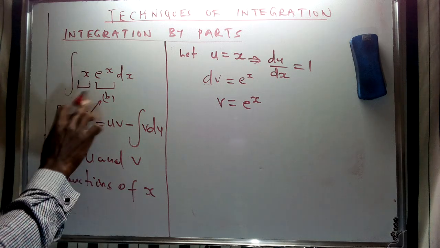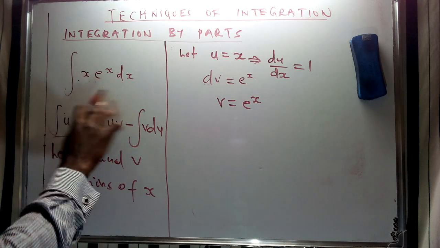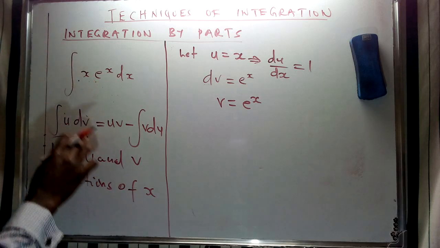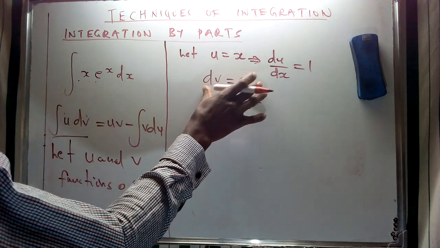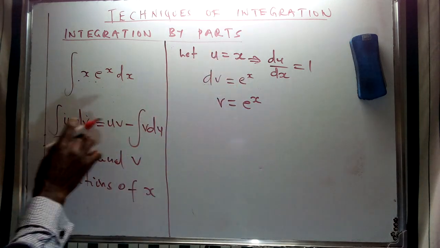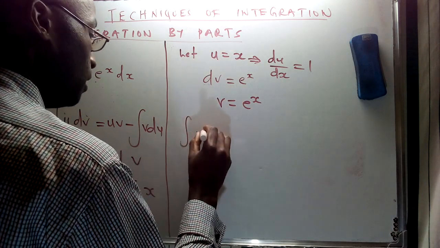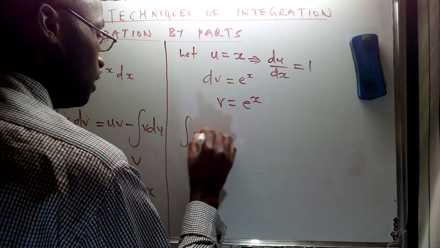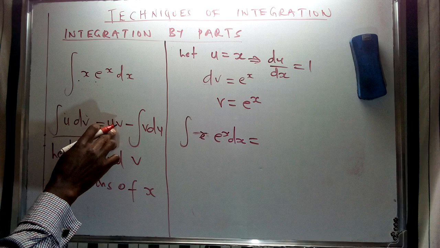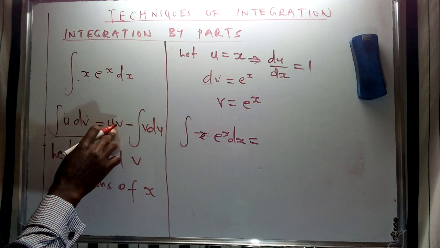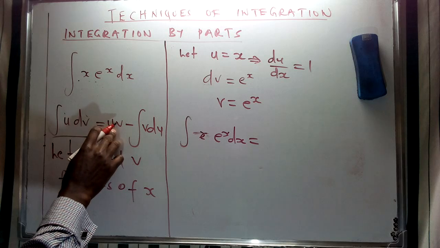I'm going to do away with this so that we have a more elaborate way of writing it, having stated what the different parts of this function imply, whereby I'm going to have the integral of x e to the x dx given as u, where u is represented by, as I said, x.